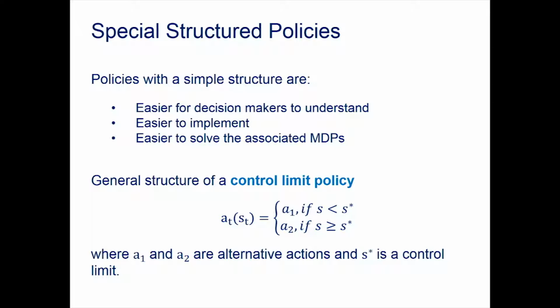A classic example would be a control limit policy. You've probably got a thermostat in the room here. If we had states that represented temperature, for instance, then a control limit policy would have S star representing wherever that thermostat is set.